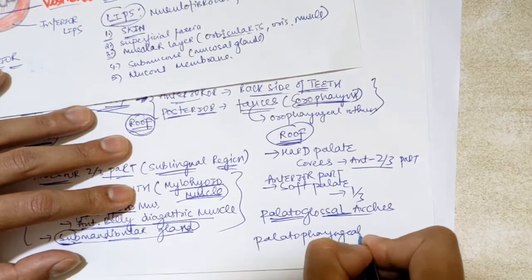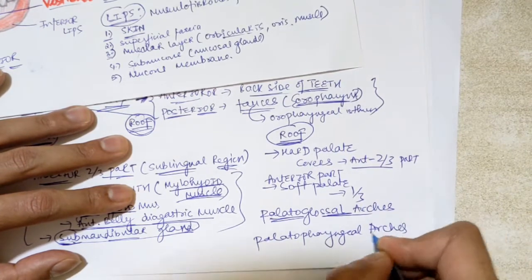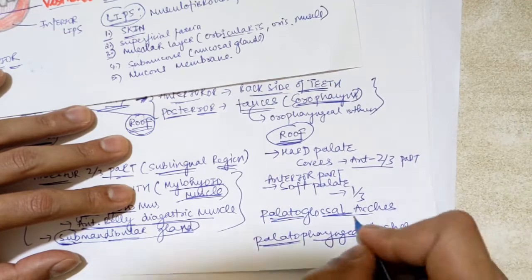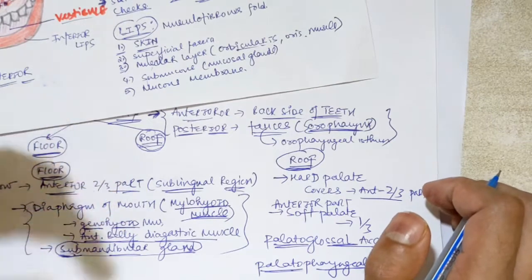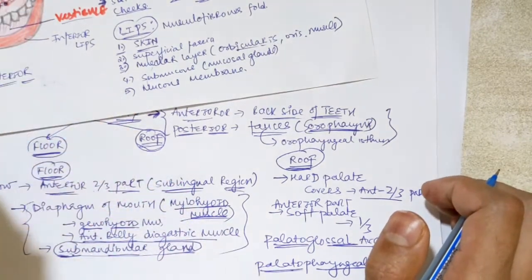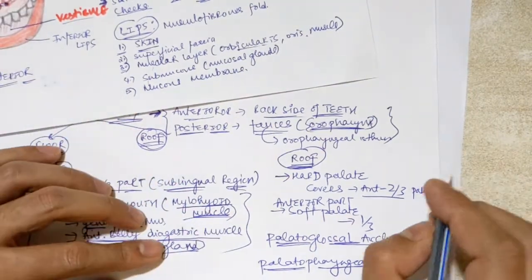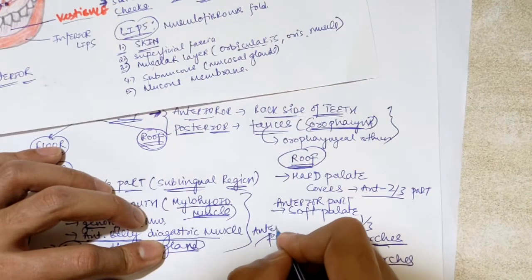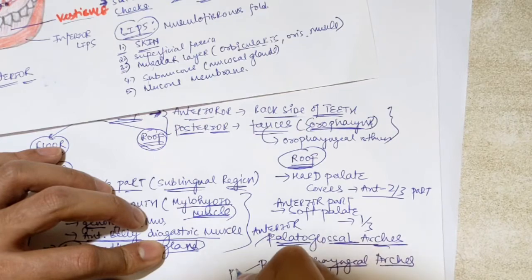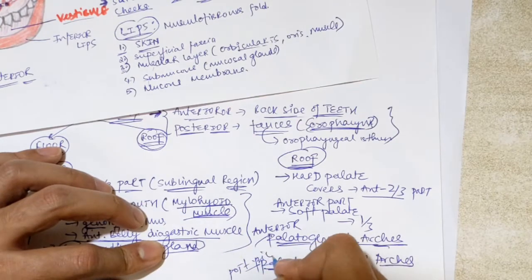We will discuss them in detail when we discuss the palates, and there will also be videos on the tongue and the teeth. Here, just remember the structures you can see in the oral cavity. This arch acts as the anterior pillar, and this acts as the posterior pillar.